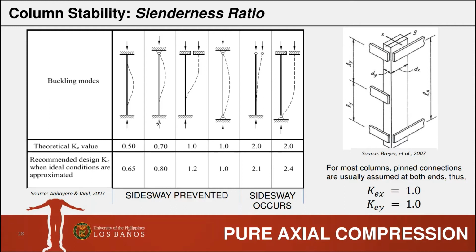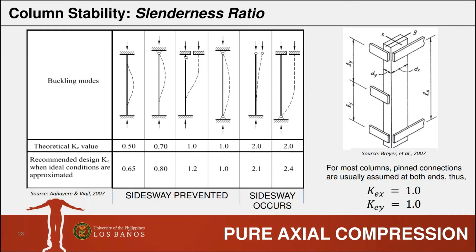For the second one, the bottom support is translation fixed and rotation fixed, while the top support condition is translation fixed but rotation free. As you can see here, the top part of the column can rotate.